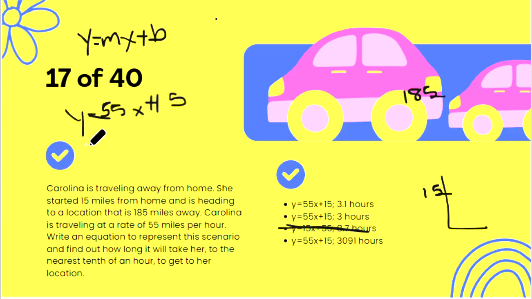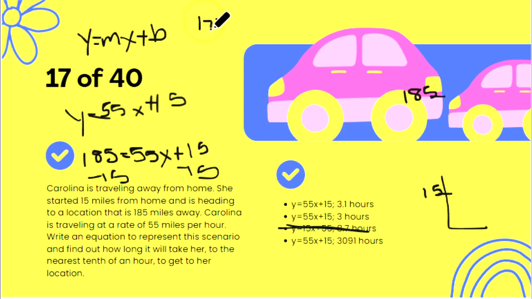So y is her destination, so it's going to be 185 equal to 55x, because this is going to be time and this is going to be miles, okay? Plus 15. Let's get x by itself, subtract 15 from both sides. That's going to leave us with 170 equals 55x.